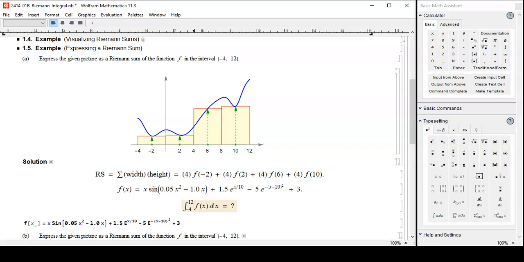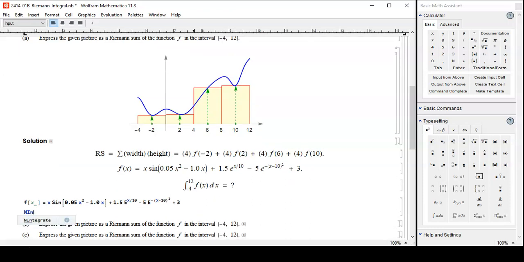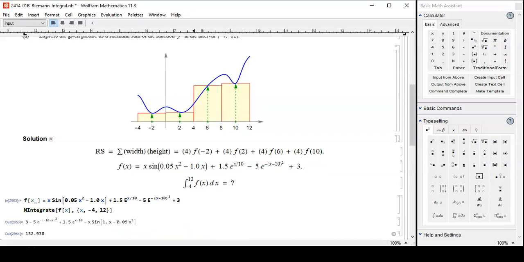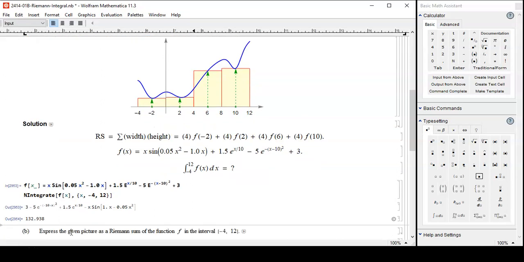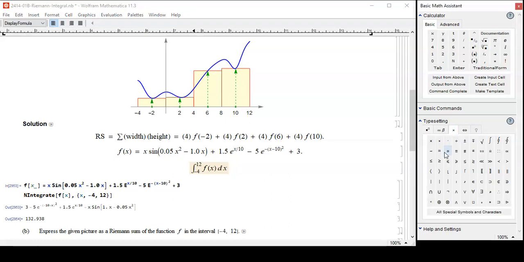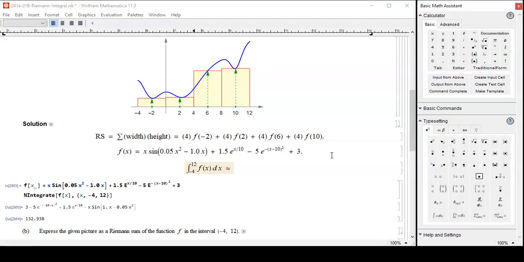And then you can use a mathematical command, numerical integration, with x going from -4 to 12. This way you can get a pretty good approximation, 132.938. But then again, it is possible to approximate this as this quantity.